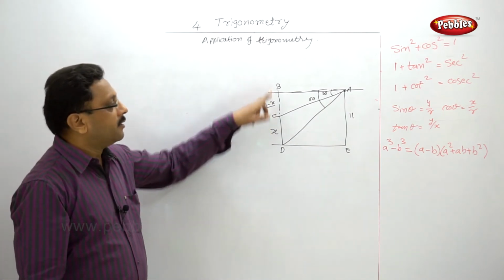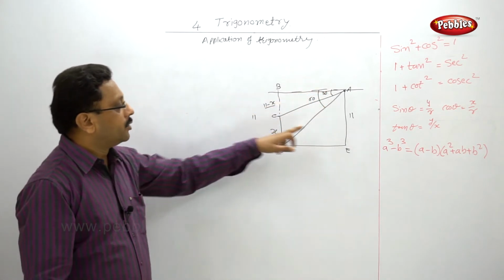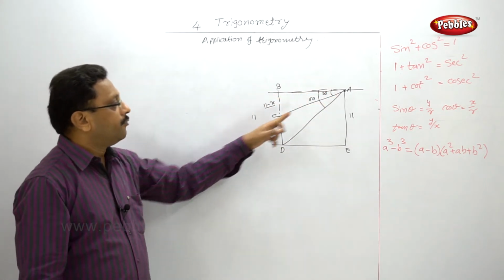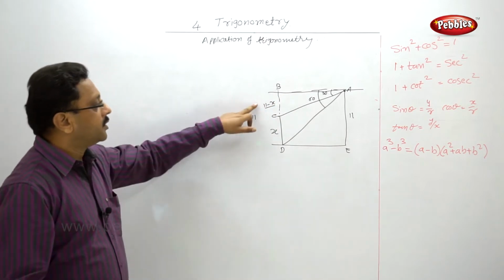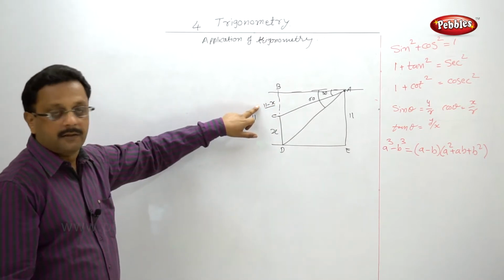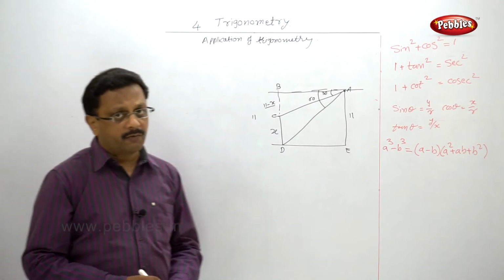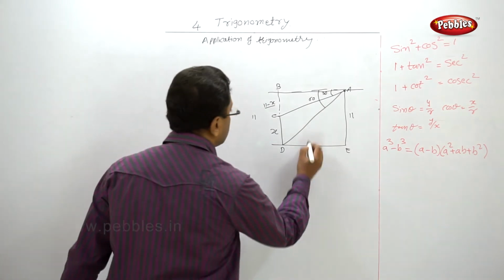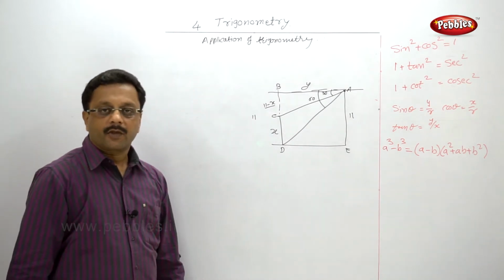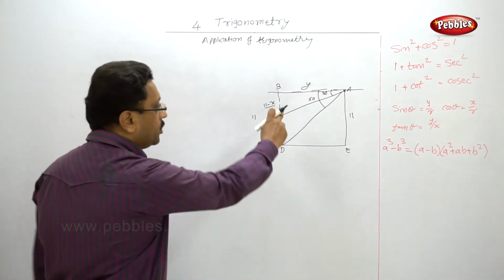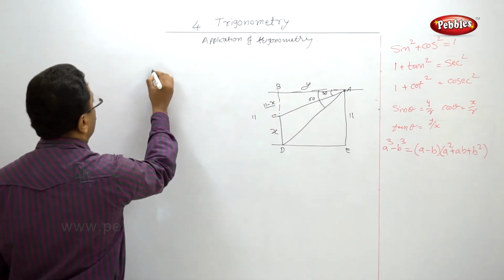Now this is right angle, this is angle 30. So in the triangle ABC, we have this angle 30 and we know that this is 11 minus x. And one more side we want. So let us consider this is y. Okay. So in the first triangle, what do we have?